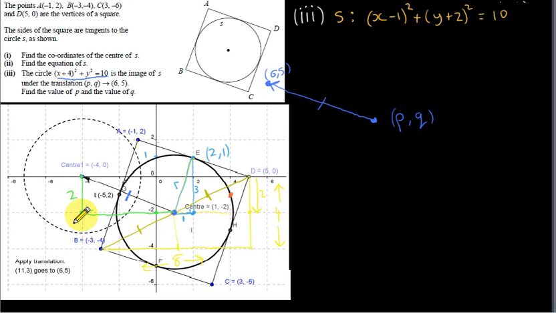Just count the squares. And if we count from here to here, we're going from -4 to 0, and we're adding on 2. So this distance is going to be 6. So what we do is we go to the point 6, 5 on our diagram, and we draw down a distance of 2. And then we go across a distance of 6. And then we can just read off what this point is. So that's one way to do it. This triangle here and this right angle, these two triangles are congruent.